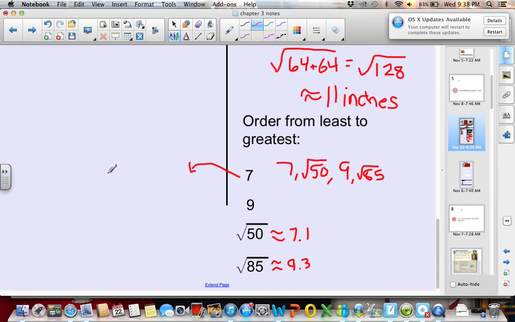So 7 is the same as the square root of 49, and 9 is the square root of 81. Then I know the square root of 50 is going to go right in between here, and the square root of 85 will go right in between there. Then we would convert these back and write it just like this.